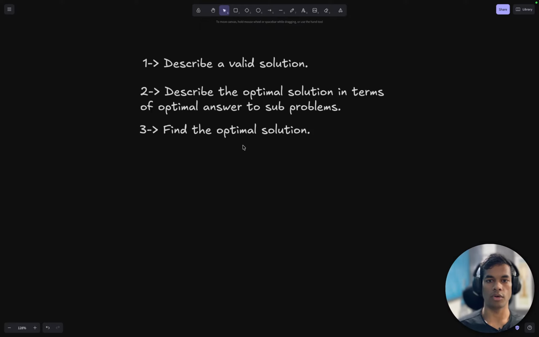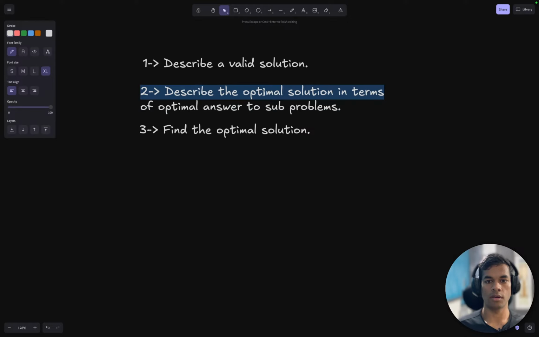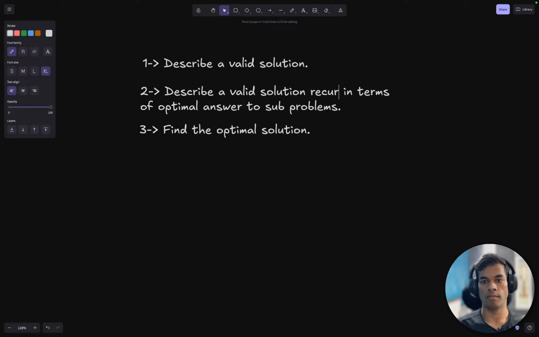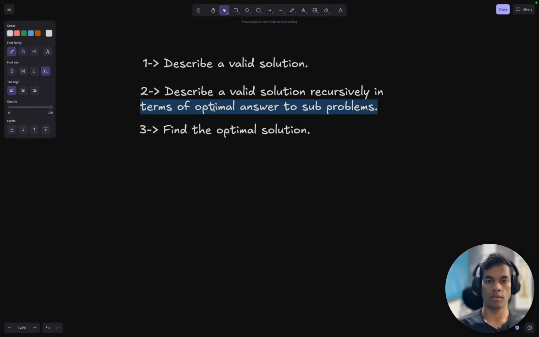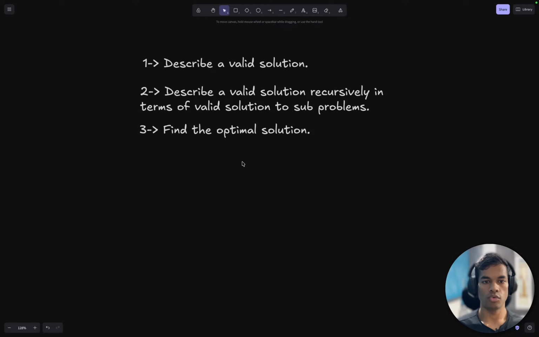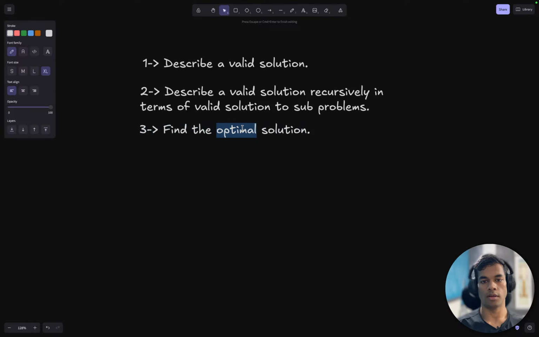Describe a valid solution, and then describe a valid solution recursively in terms of valid solutions to subproblems, and then find the number of valid solutions.